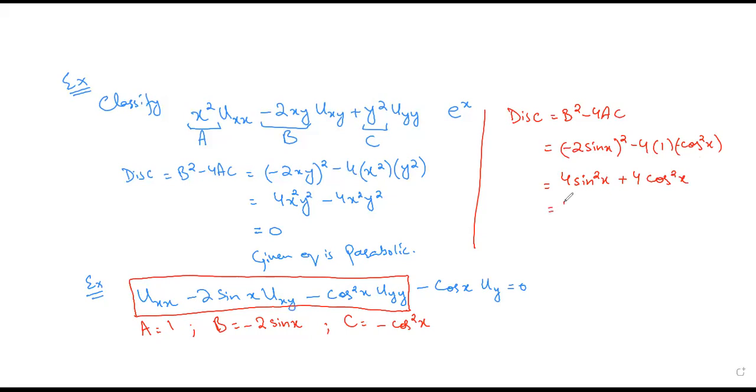You can take 4 as common, and sine square x plus cos square x remains, which by the trigonometric identity is equal to 1. So the result is 4, which is greater than 0. Greater than 0 means this given equation is hyperbolic.